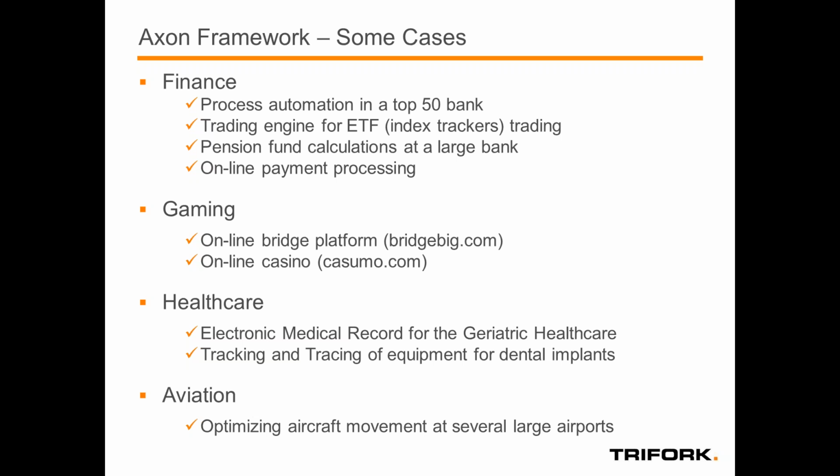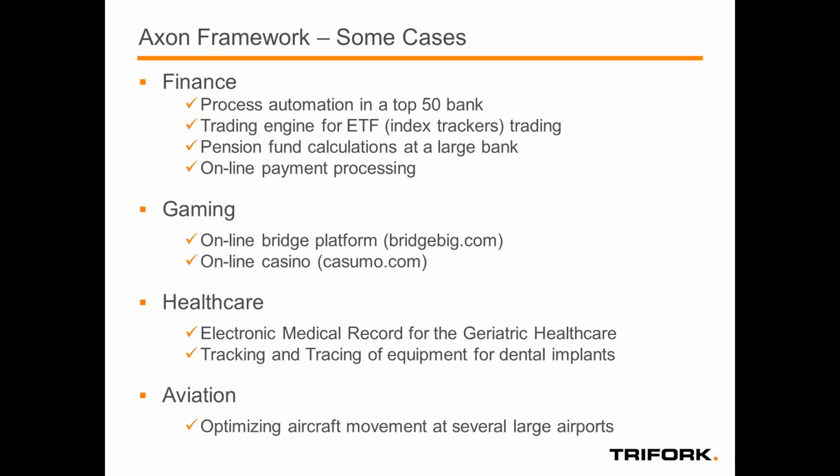So there's a number of implementations in the finance domain, for example, process automation in a top 50 bank, but also pension fund calculations, which is a pretty complex calculation, but also online payment processing. We also see a few applications in the gaming industry, like there's an online bridge platform, bridgebig.com, which has been built using Axon, especially for the scalability features, but also for the very strong auditing requirements.